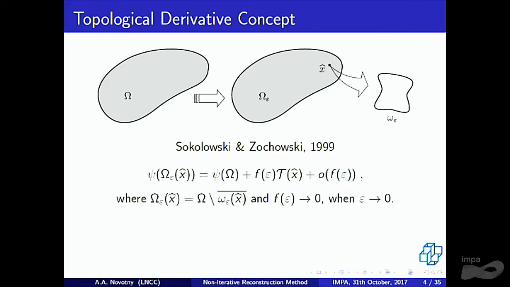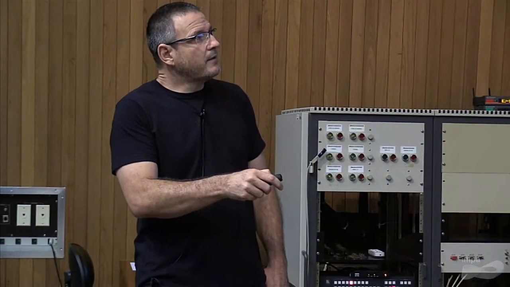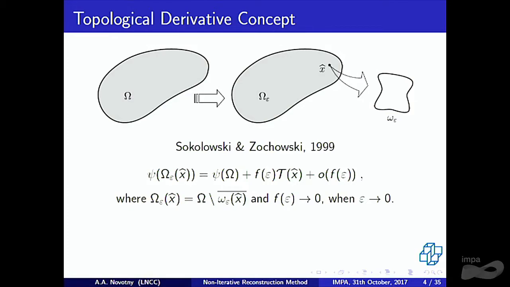So now we have a new domain which depends on the small parameter and on the position x hat, which, in the case of holes, is given by omega minus the closure of small omega epsilon. And then we are interested in this expansion. We have the shape functional associated to the perturbed domain, which is approximated by the shape functional associated to the unperturbed domain plus some correction factor plus a remainder.